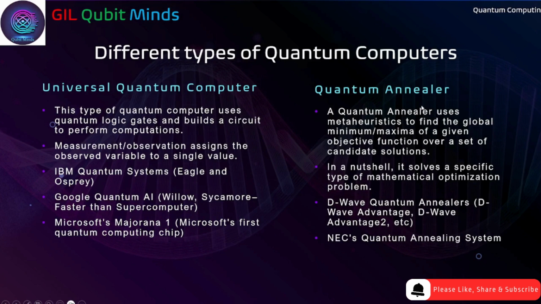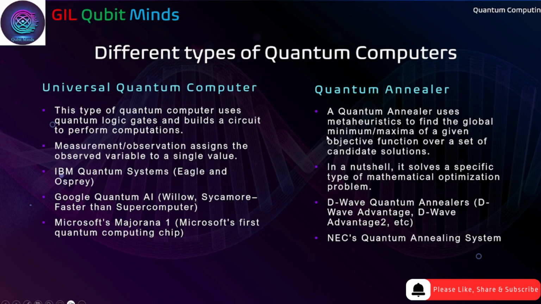But the quantum annealer uses a metaheuristic to find a global minima or maxima, depending upon our objective function, over a set of candidate solutions. So it uses a metaheuristic way to reach our target or final solution.